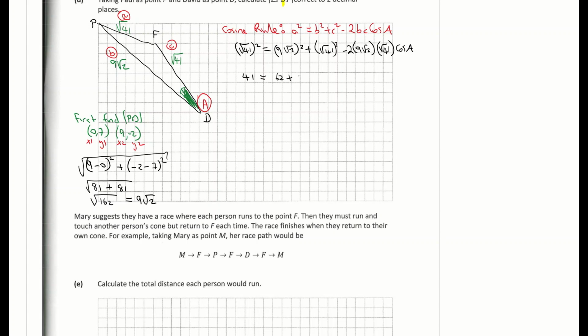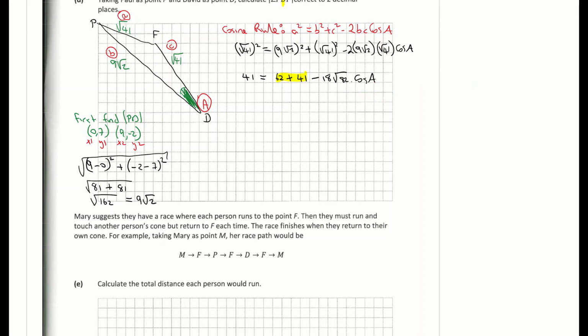Root 41 squared is 41. And then 2 by 9 root 2 by root 41 is 18 root 82 times cos A. I'm then going to put the 162 and the 41 together. Don't take away the 18 root 82 because it's stuck to that cos A. This here is stuck together, so it's like 18x. I have to keep them together.